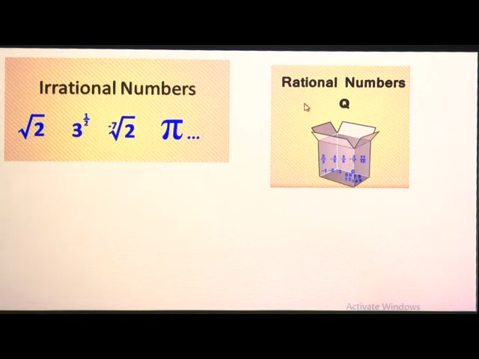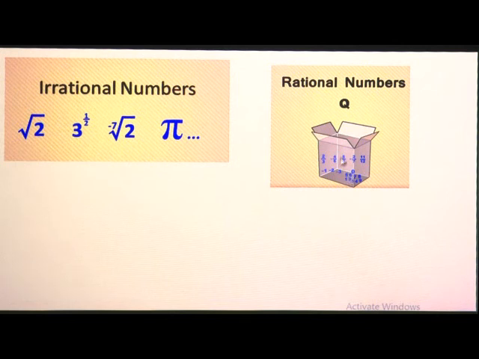Then what are the rational numbers? Rational numbers are always denoted by a capital Q. You can see here -1, -2, -3, these are the integers. Here 2 upon 3, 4 upon 5, these are the fractions, and these 1, 2, 3, 4 are the natural numbers.